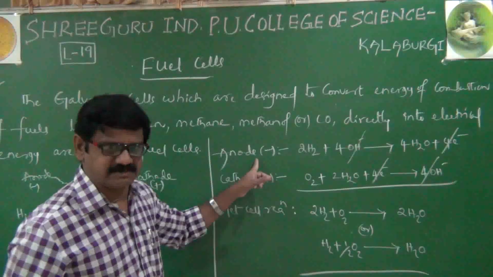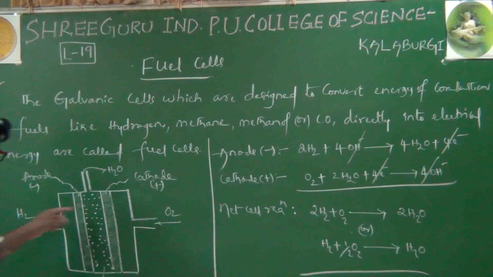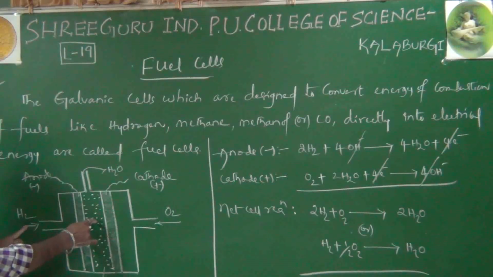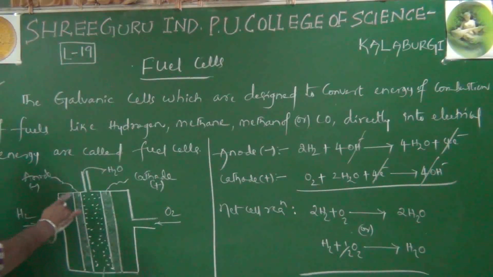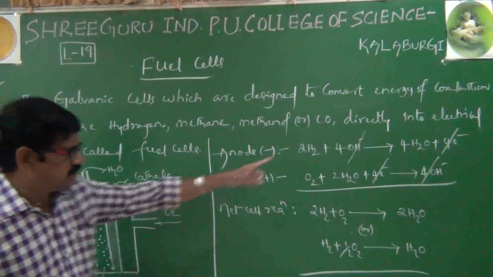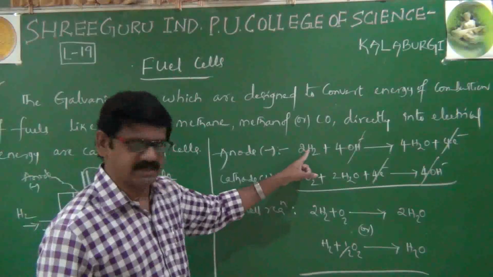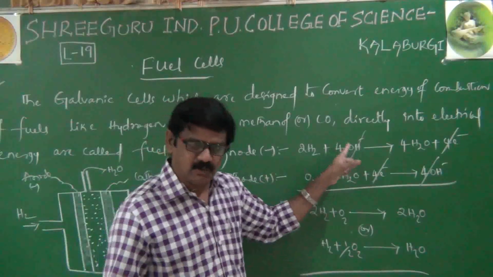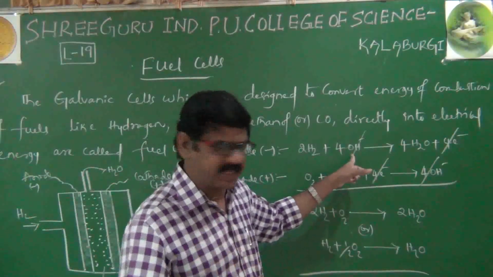Here, the anode reaction. Through the anode we are sending hydrogen gas, and in the presence of the electrolyte we will see how it undergoes oxidation. OH minus is of course part of the electrolyte.